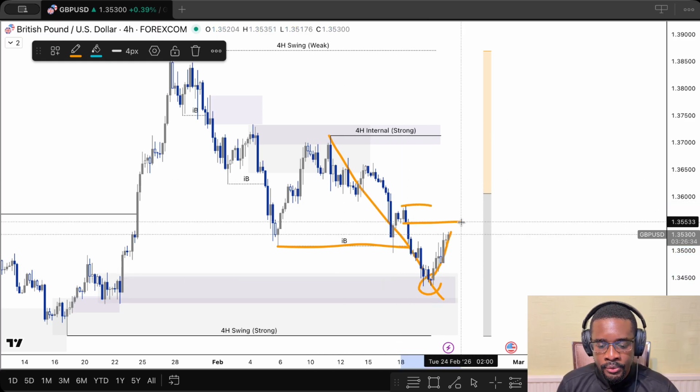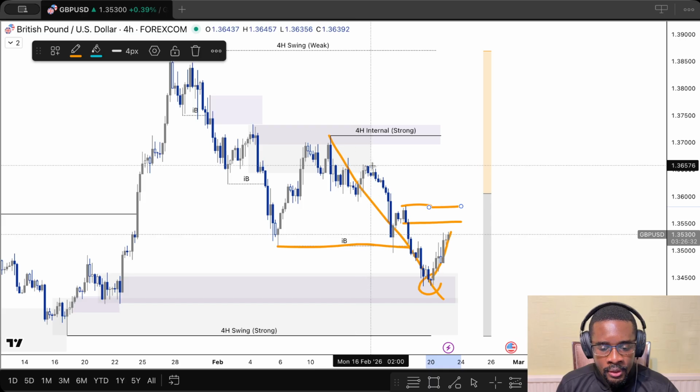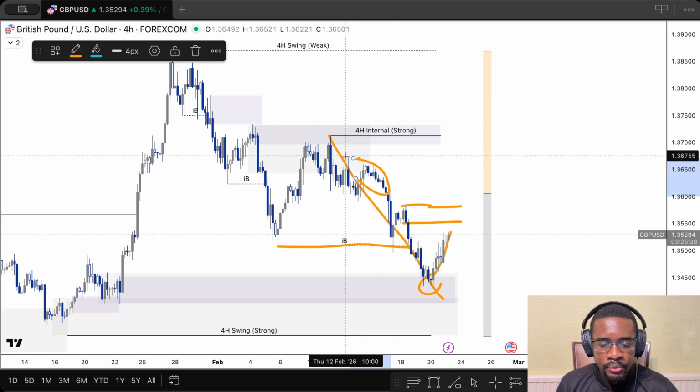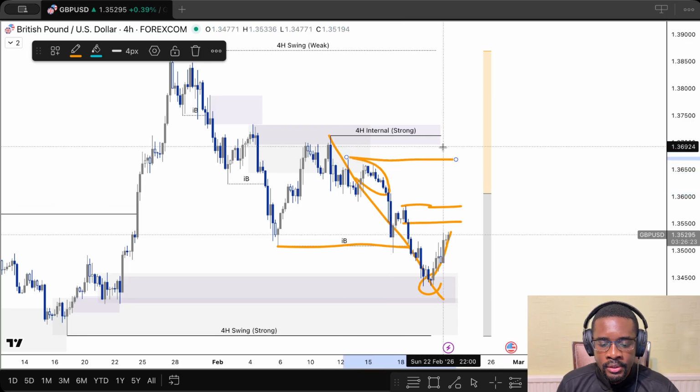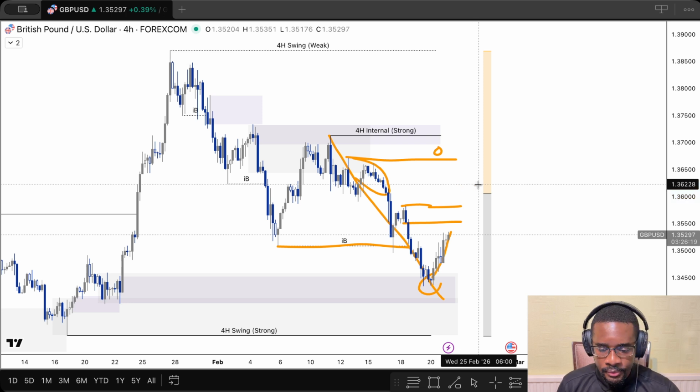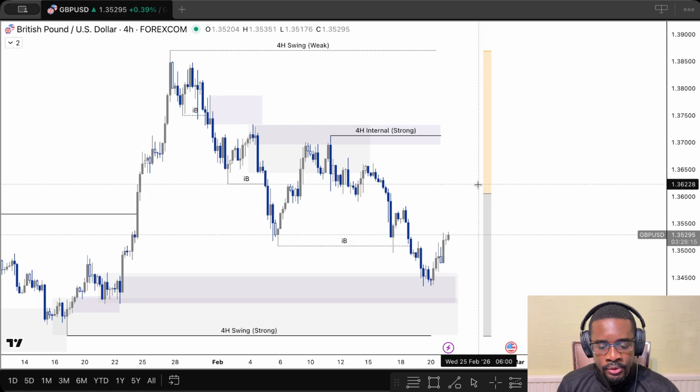So we could come up to these areas. Who knows? This doesn't look good, so it's possible we could come up into any of these areas or sweep these areas, and then continue to come bearish, if the bearish trend is still continuing.